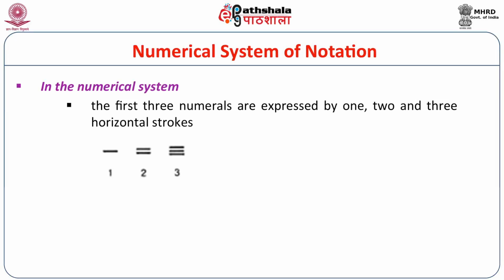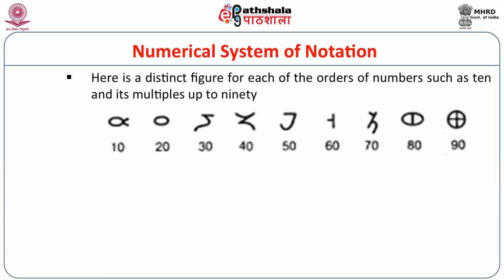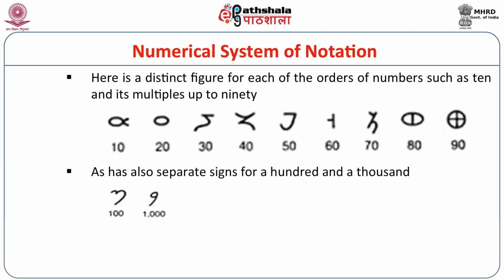In this numerical system, the first three numerals are expressed by 1, 2 and 3 horizontal strokes. From 4 to 9, there are special symbols. There is also a distinct figure for each of the orders of numbers, such as 10 and its multiples up to 90, and separate signs for 100 and 1000.